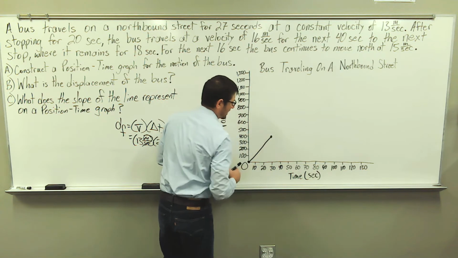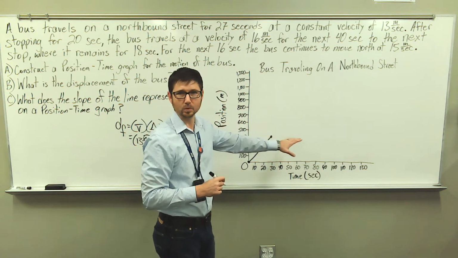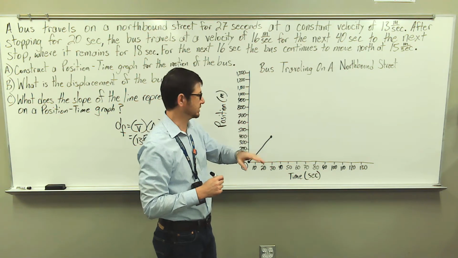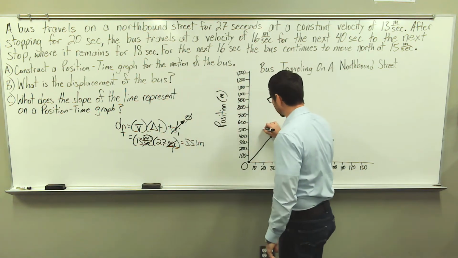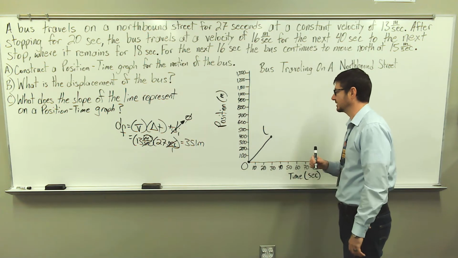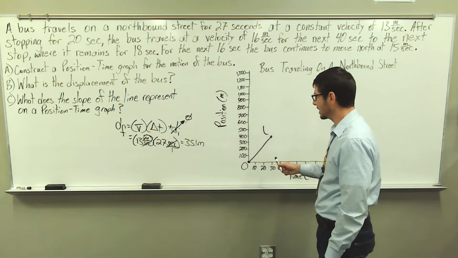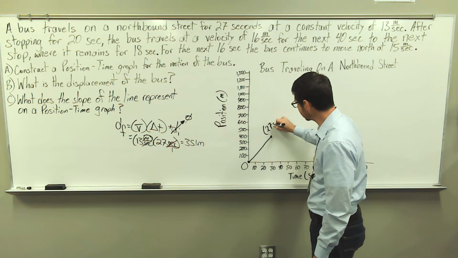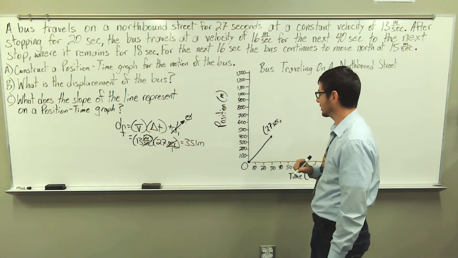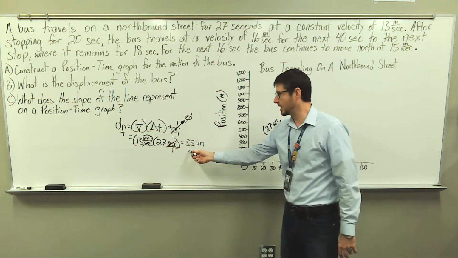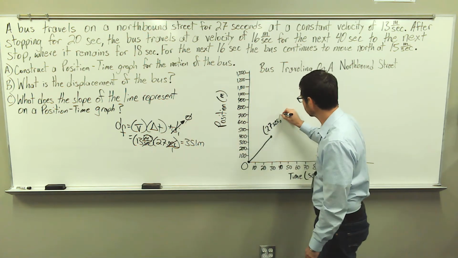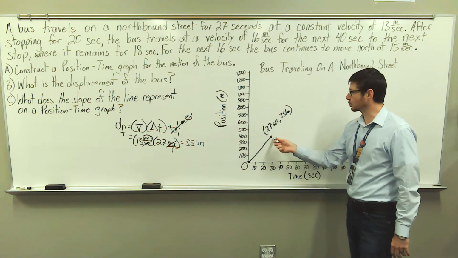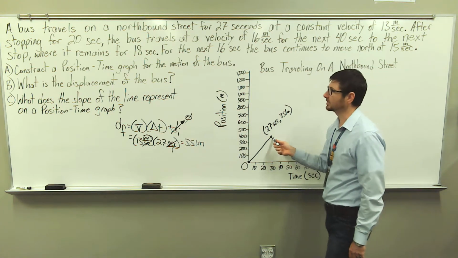Each time I place an ordered pair on the graph, I'm going to identify that ordered pair with correct units. We always start with the x value first. We are at 27 seconds, and my y value is 351 meters. So my point is 27 seconds, 351 meters.